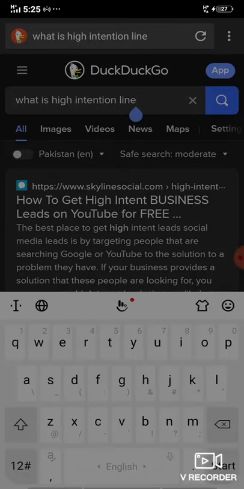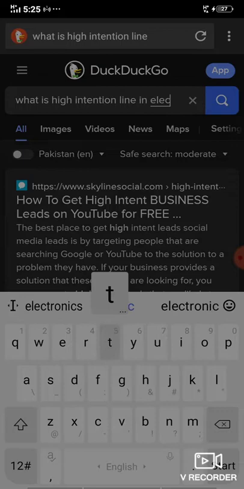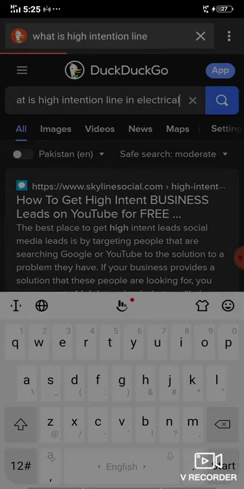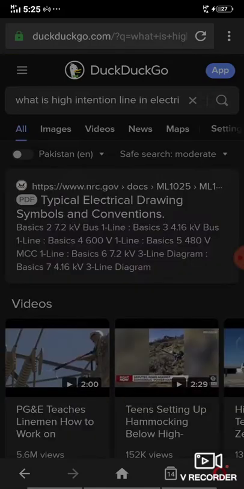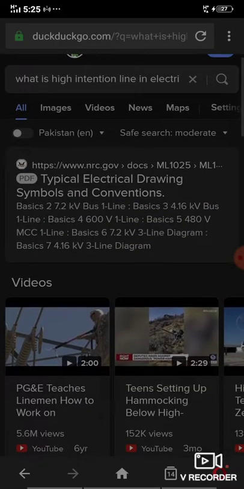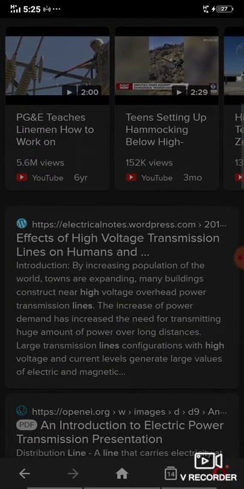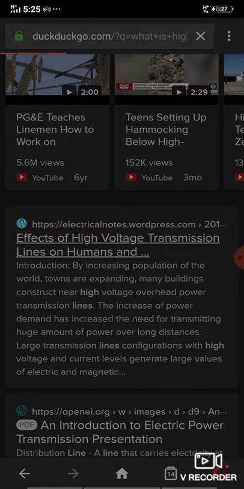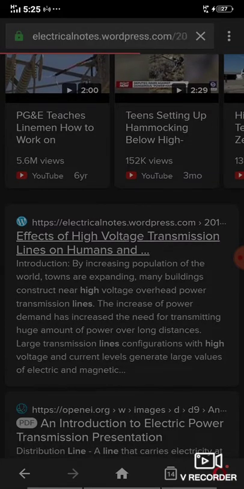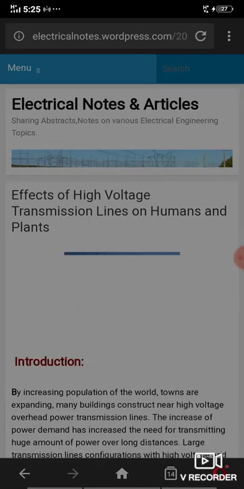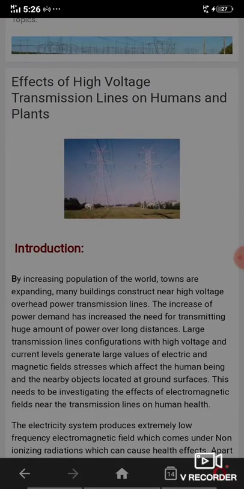So you can correct this in electrical. So first of all, we go in first link by increasing.